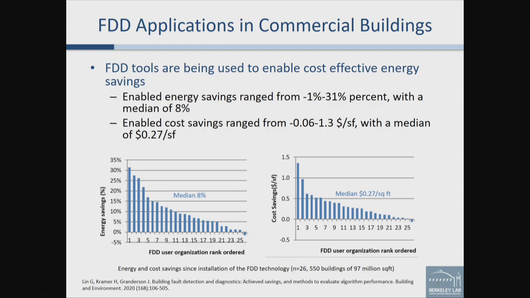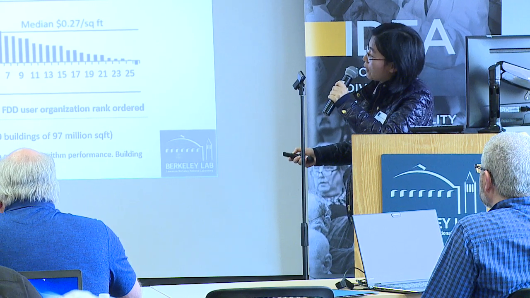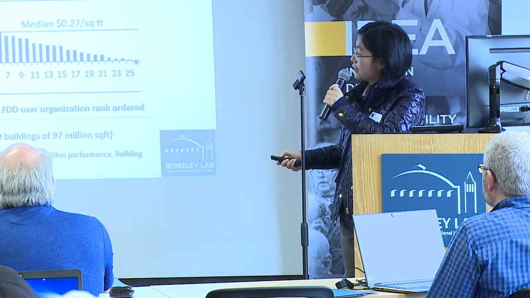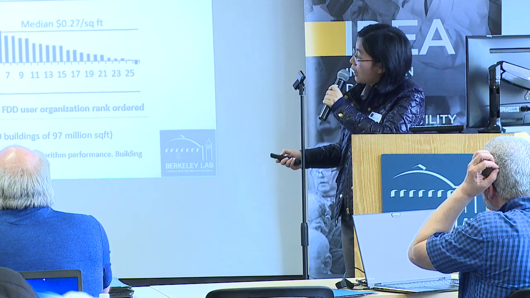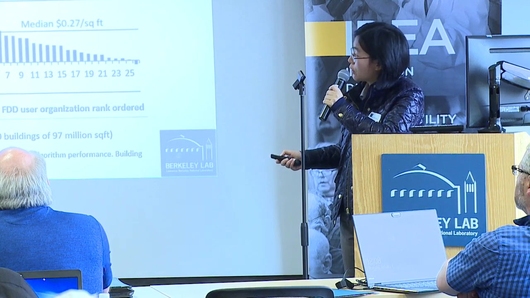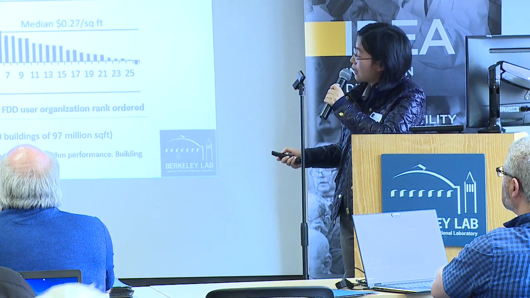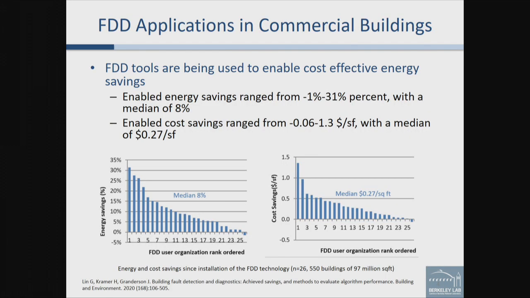The two plots I'm showing are at the bottom. The plot on the left shows the 26 organizations' energy savings enabled by the FDD tool. We can see it ranges from 0 to 30% with a median of 8% energy savings.